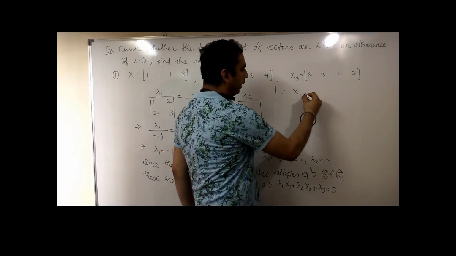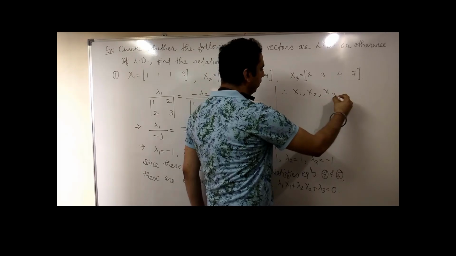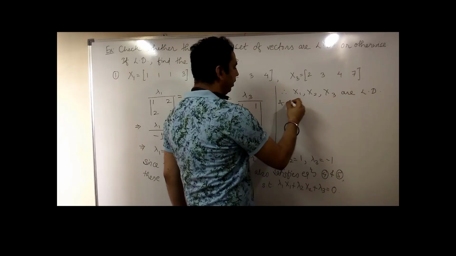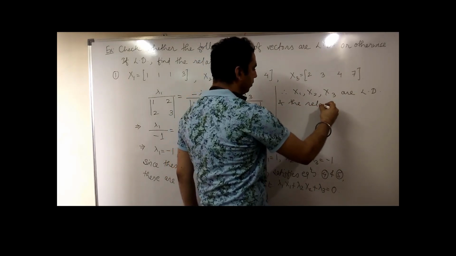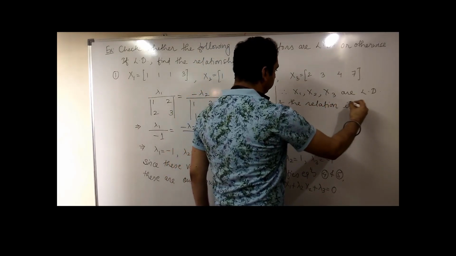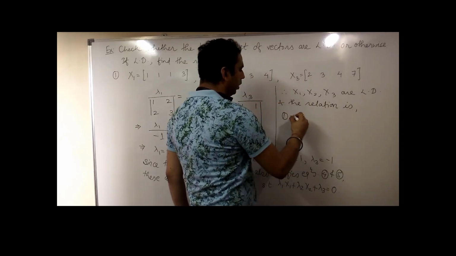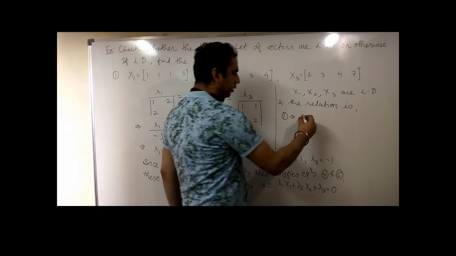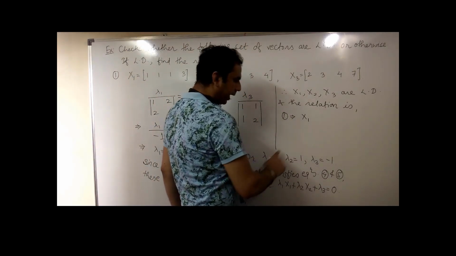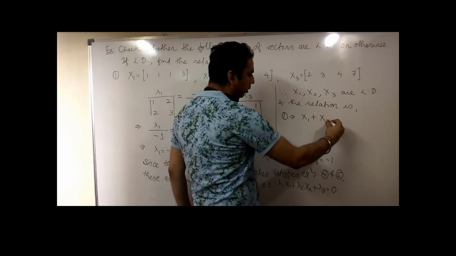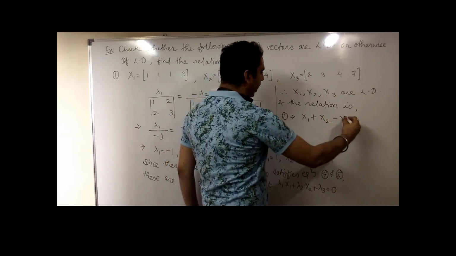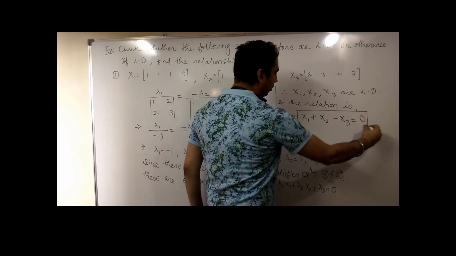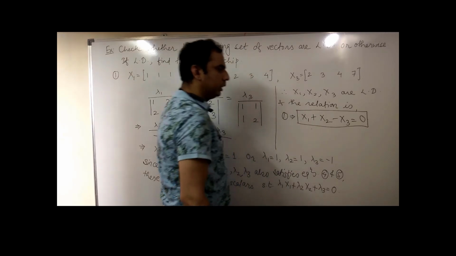Therefore, vectors x1, x2, x3 are linearly dependent, and the relation is, we have to write the relation from equation 1, which was our assumption. So it is lambda 1 x1 plus lambda 2 x2 minus lambda 3 x3 is equal to 0. So this is our final answer.